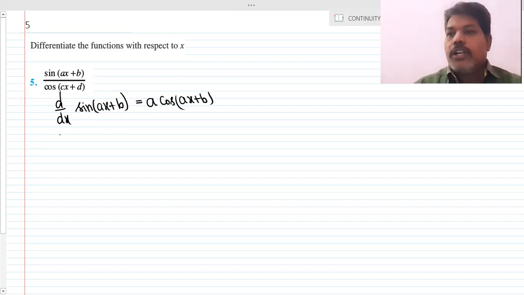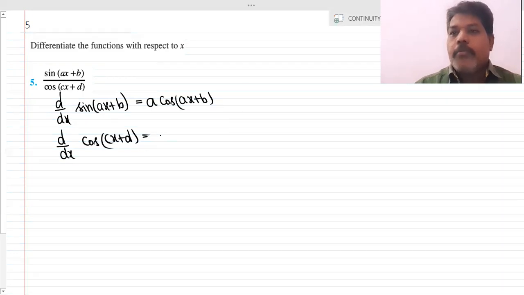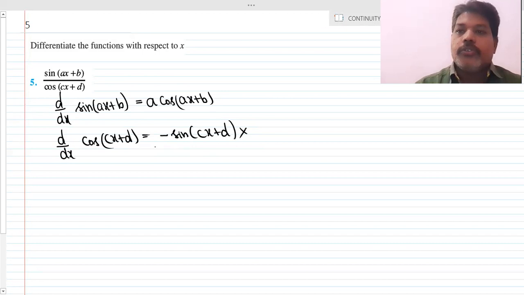And also the derivative of cos of cx plus d: the derivative of cos of cx plus d is minus sine of cx plus d into the derivative of cx plus d, which is c.